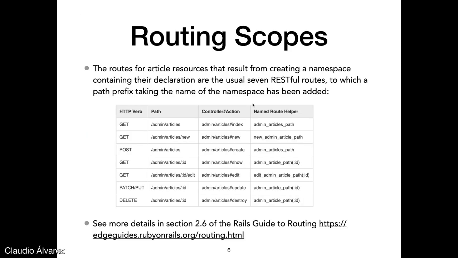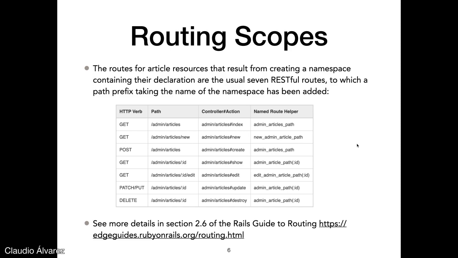All right, so you see that when you got routing namespace, one consequence is that you'll have another folder in your app controllers folder, from where you'll see all the controllers under the same namespace, right? The other consequence is that the routes will be prefixed.